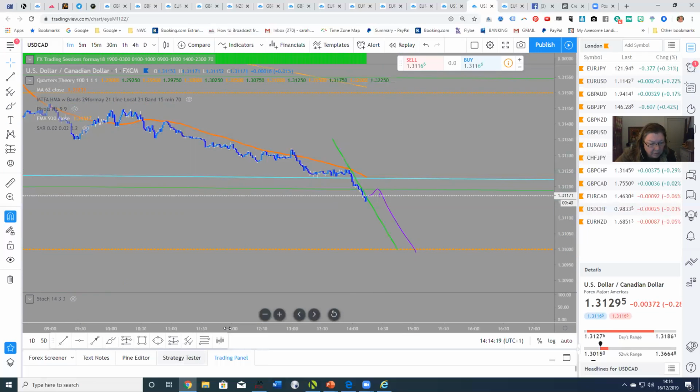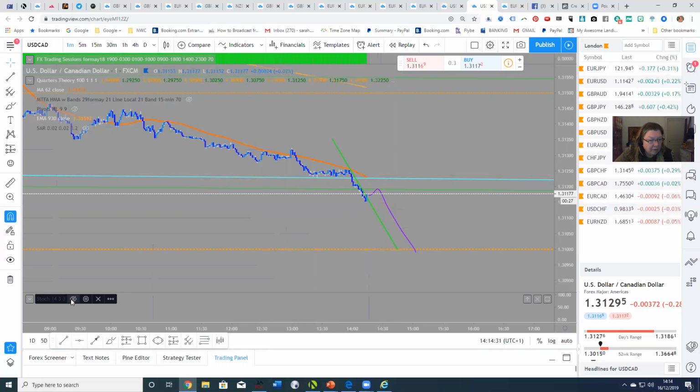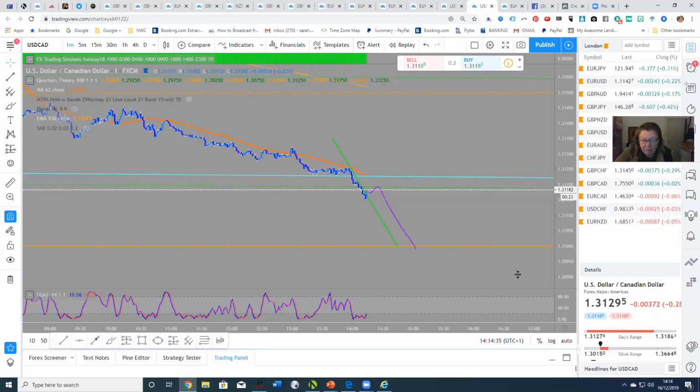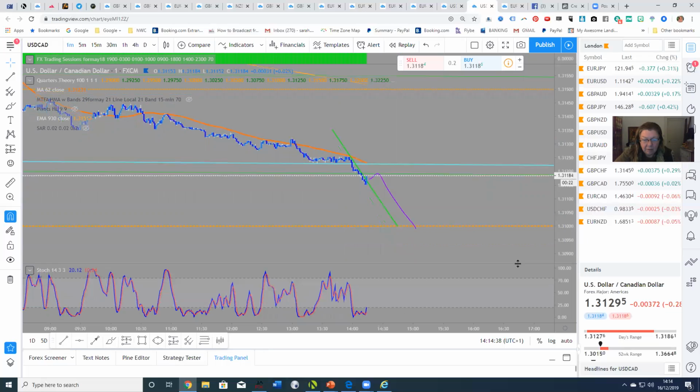So let me just, I was trying to get rid of that. There we are, a little mark there. So it's just coming up and it's coming up. So let's put the stochastic on. I'm on the 15-minute. And that's saying it's bottomed out. So that looks like it's going back up for a retest.